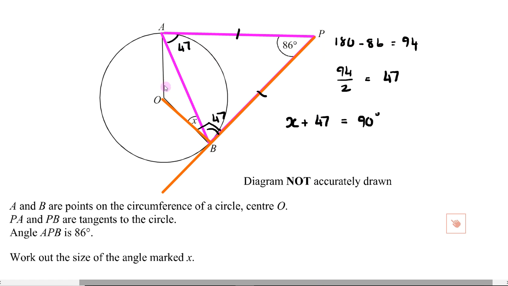It would be, because both of those lines have to be the radius. So that's the radius, and the radius is always constant. So yes, that will always be an isosceles triangle.